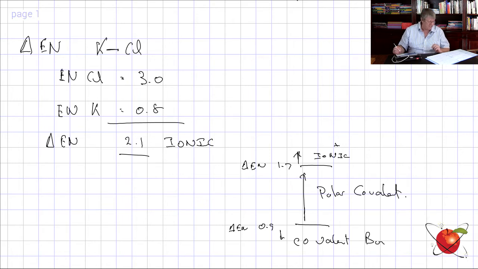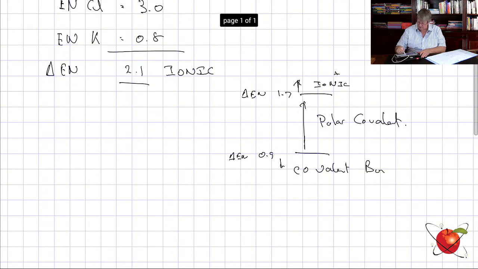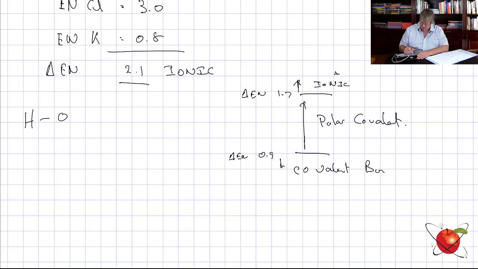Okay? Next, let's have a look, and they say water, H2O. Just move my page up a bit. Water, H2O. So we've got an H and an O and another H. Remember, we only look at the one side of the bond. All right?